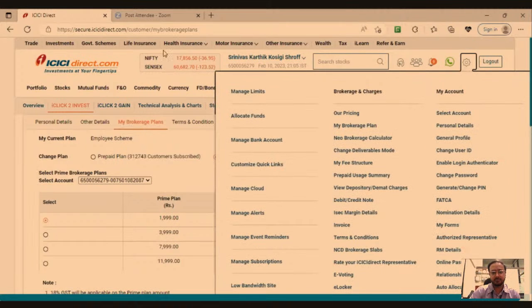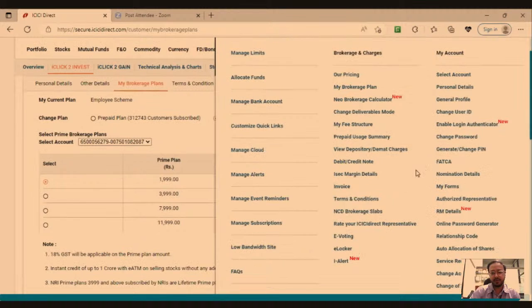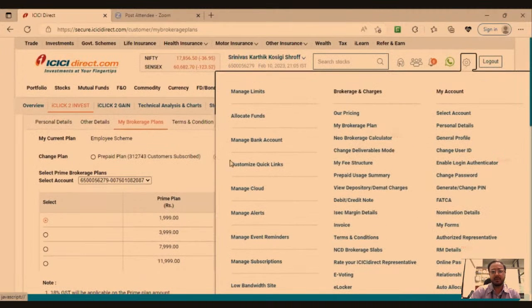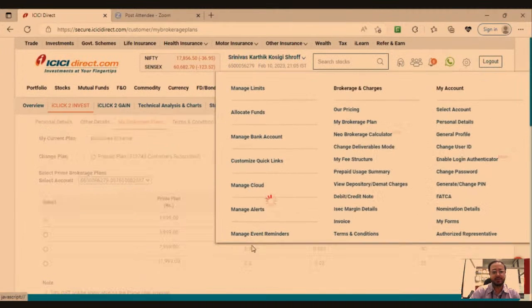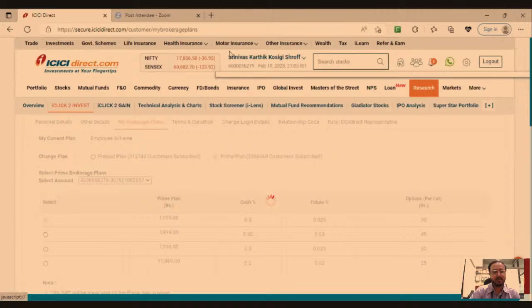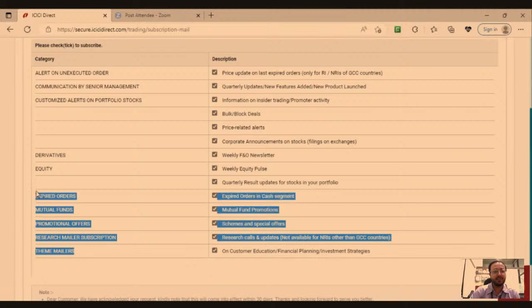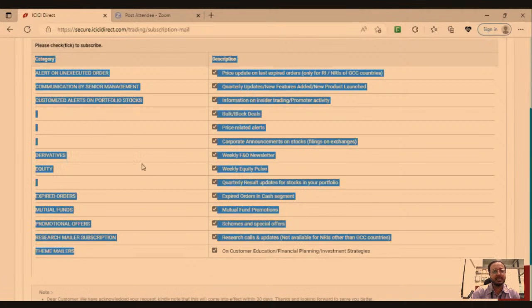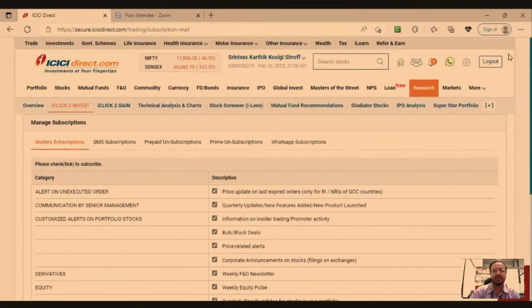Besides that, you can manage your subscriptions over here. If there are some communications that you wish to receive for different categories, you can receive some mailers in this case over here, right?